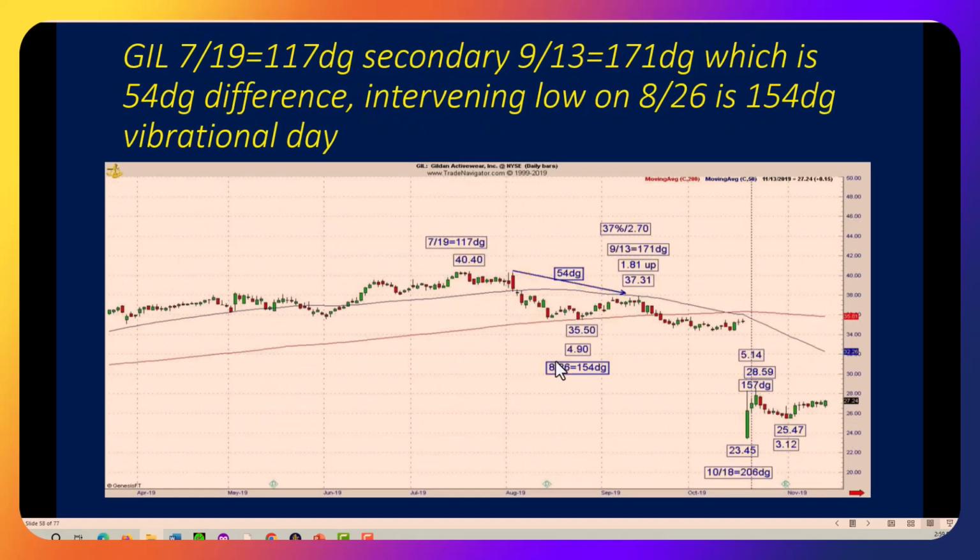I can go on and on and on. But here's the last one that I wanted to show you. The time difference from this high to this high is 54 degrees. But the low is 154 degrees.